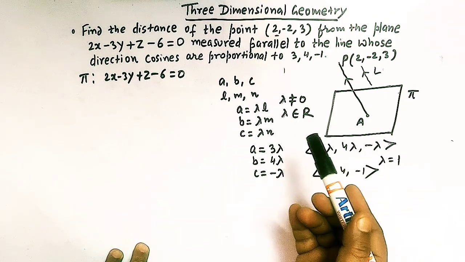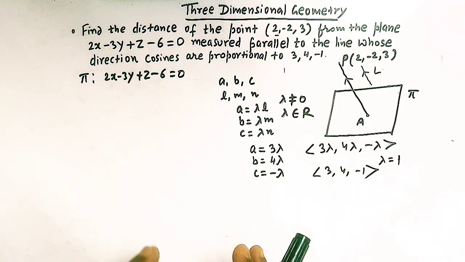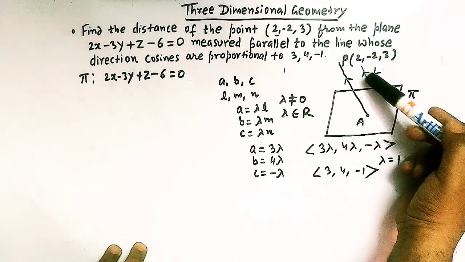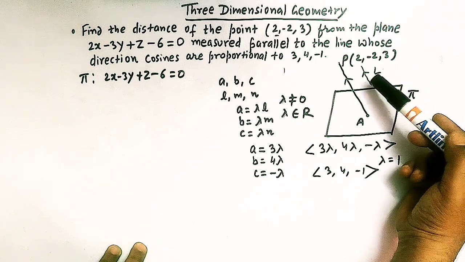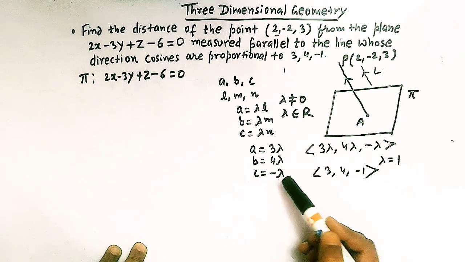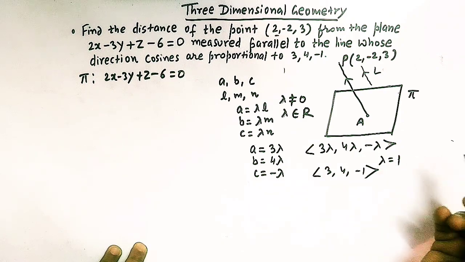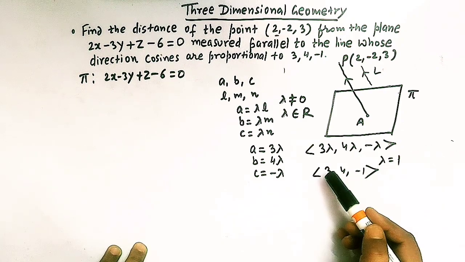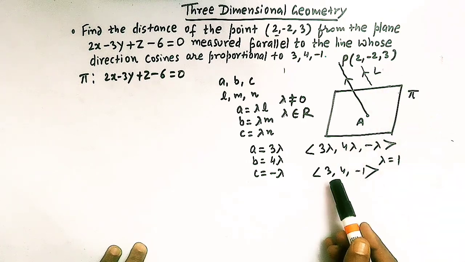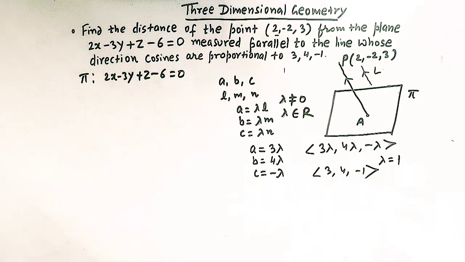So for any line, the set of direction cosines is also a set of direction ratios. Here the direction ratios of any line which is parallel to this line L are given by these three numbers, and for λ = 1, we have the direction ratios of this line L as 3, 4, and -1.